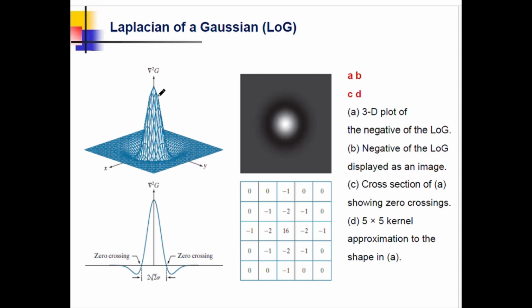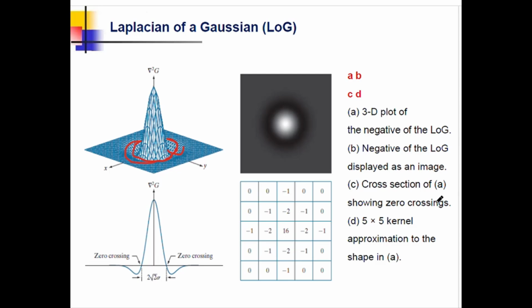The center is highest, which means bright, and the brightness decreases gradually. And at this portion you have some dip, so it is going to be black, and then it rises like this, so that is the reason it is some gray.